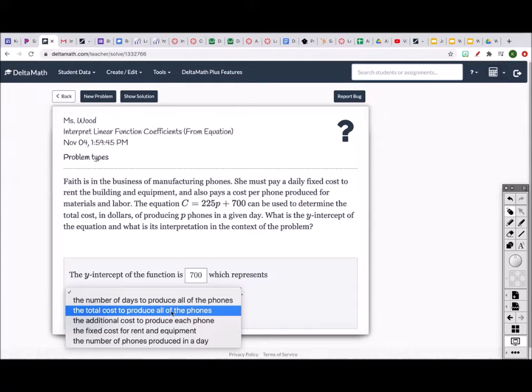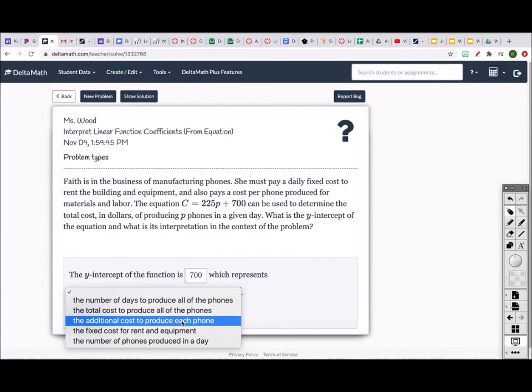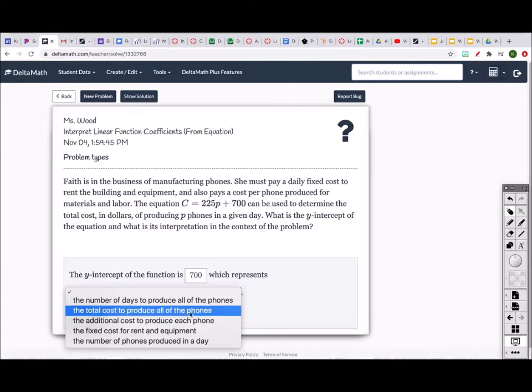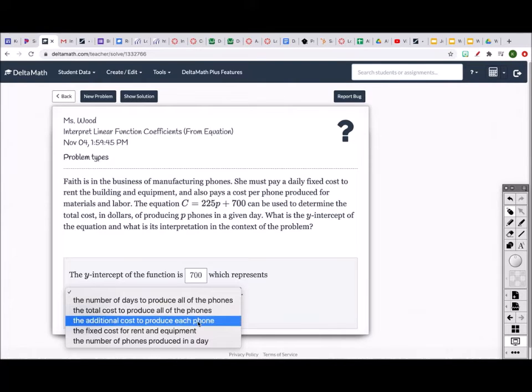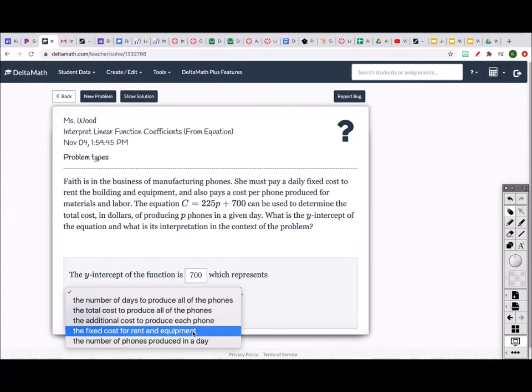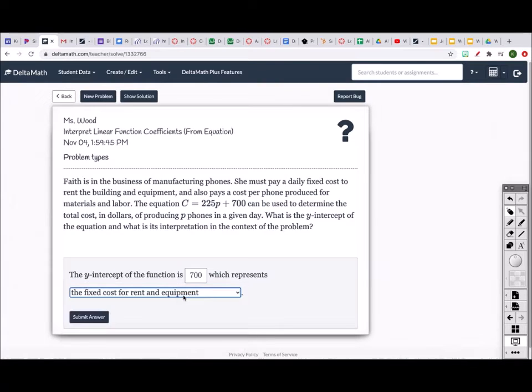No, that's without any phones being created. It costs $700. Is it the additional cost for each phone? Well, no, that's $225. Is it the fixed cost for rent and equipment? Well, I'm sure she has to pay that before she can start building phones, so that makes sense. Made in a day? Well, no, that's what P is. So that's going to be my correct answer.